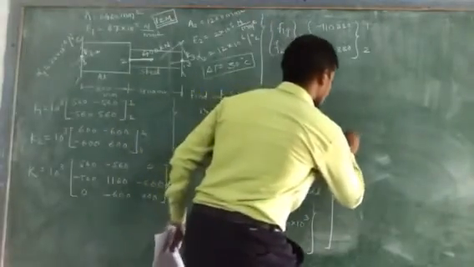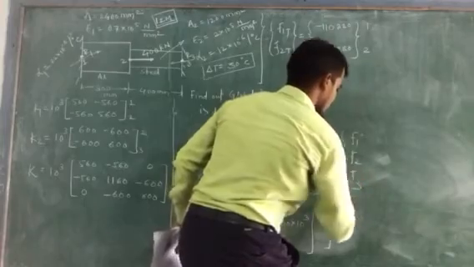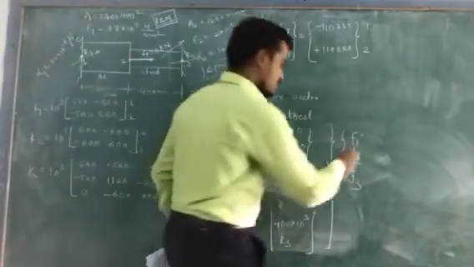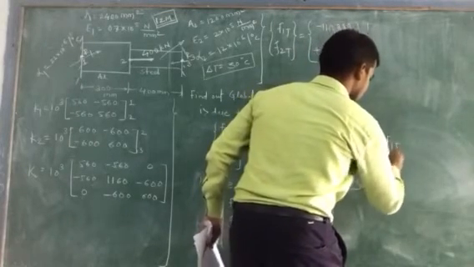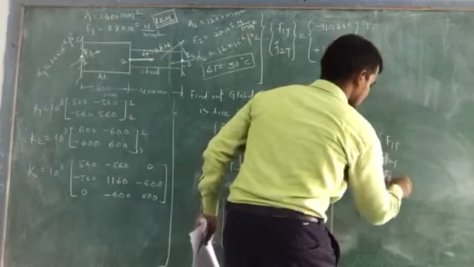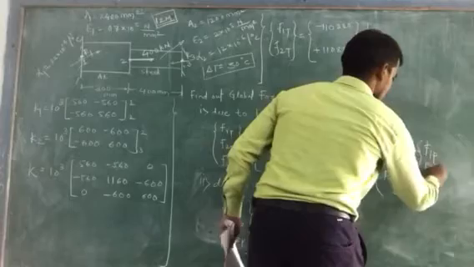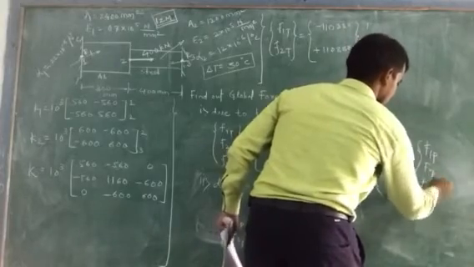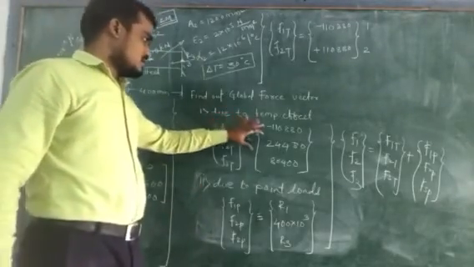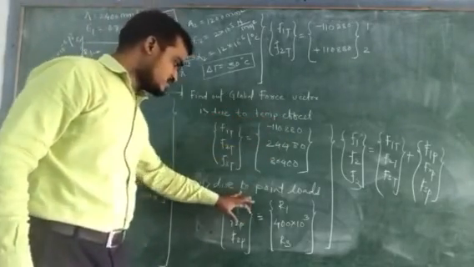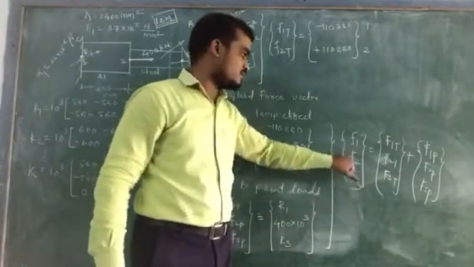So the global force vector F1, F2, F3 is nothing but F1T, F2T, F3T plus F1P, F2P, F3P. This is simply the addition of the nodal force vector due to temperature effect and the nodal force vector due to point loads. You will get the final global force vector F1, F2 and F3.